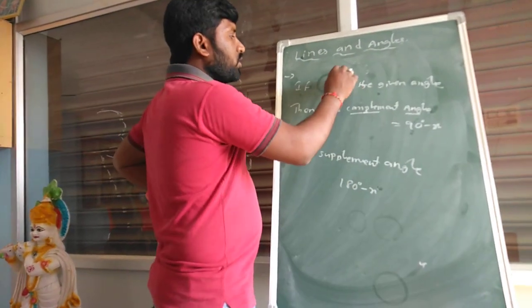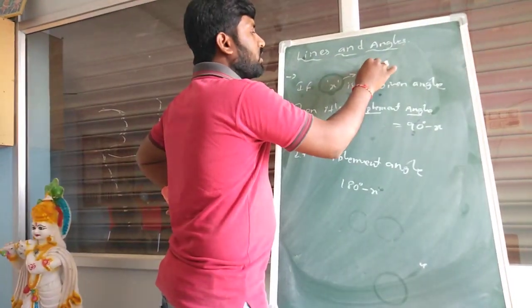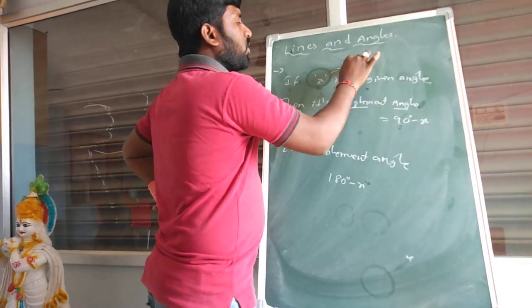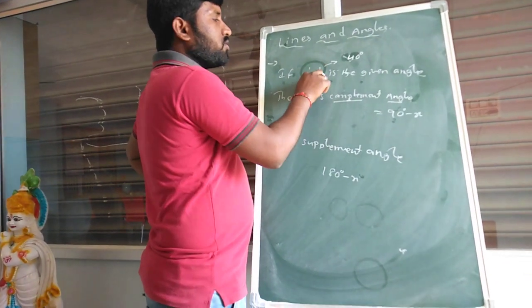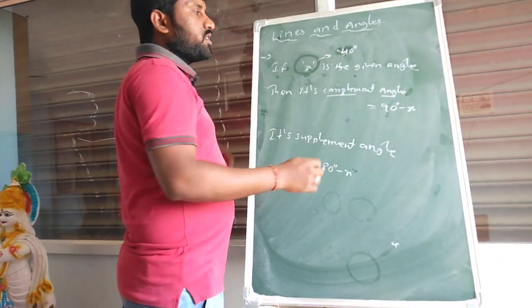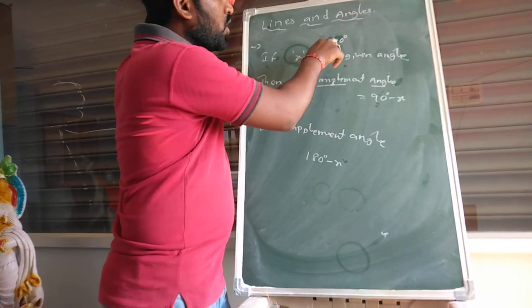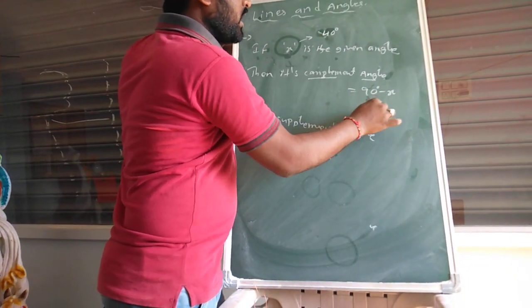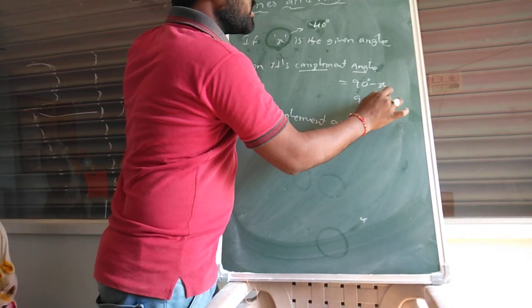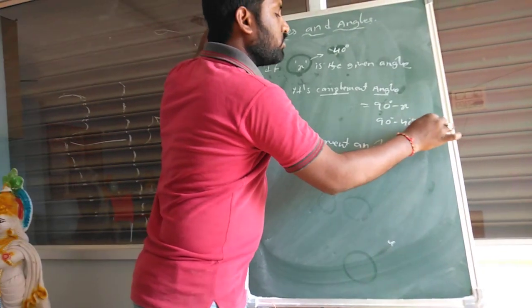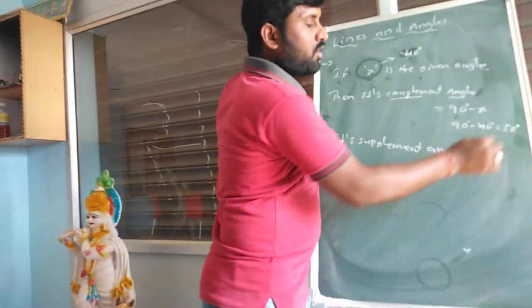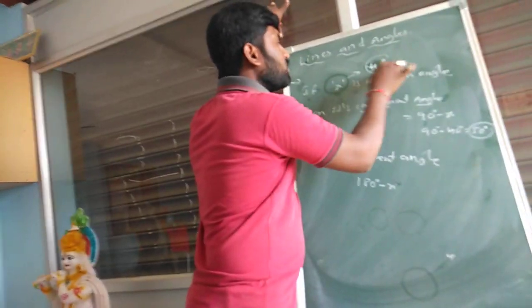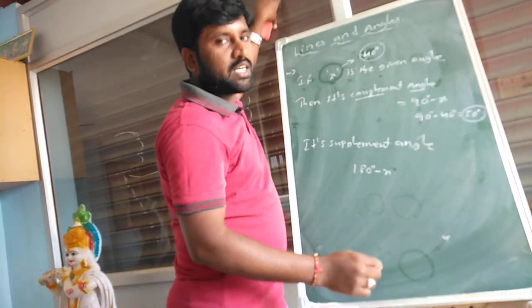For example, take x equals 40 degrees. If you want its complement angle, that is 90 minus 40 degrees, which is 50 degrees. Now 50 degrees plus 40 degrees again gives 90 degrees.